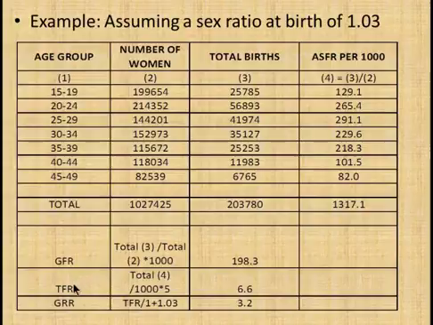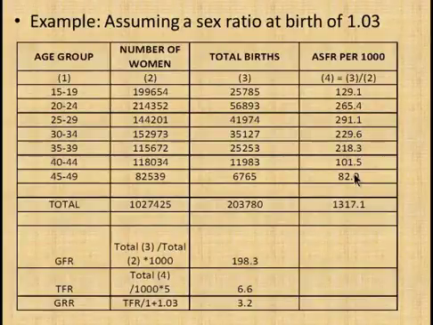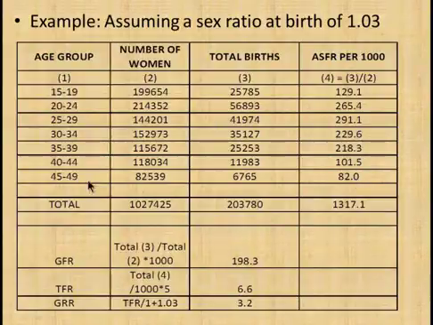Remember, for the total fertility rate we simply have the sum of the age-specific fertility rates. You remember that summation sign for all age groups starting from 15 to 49.